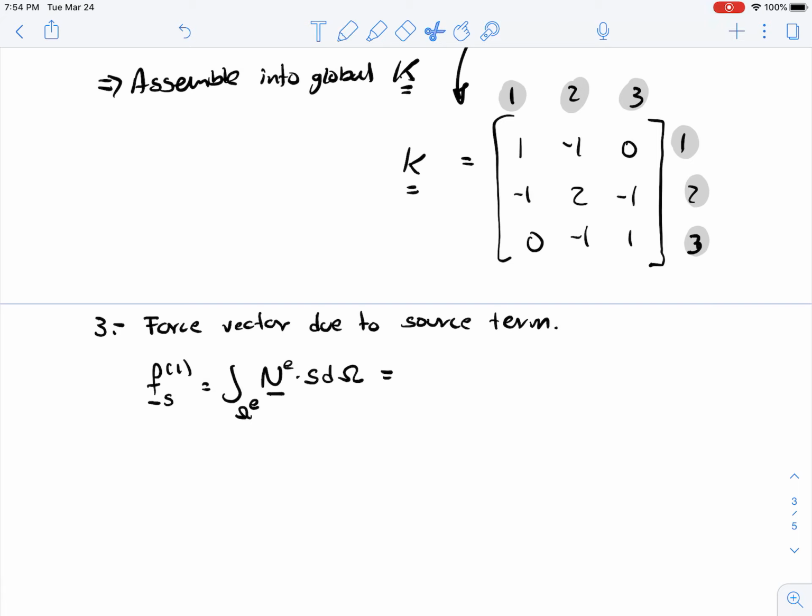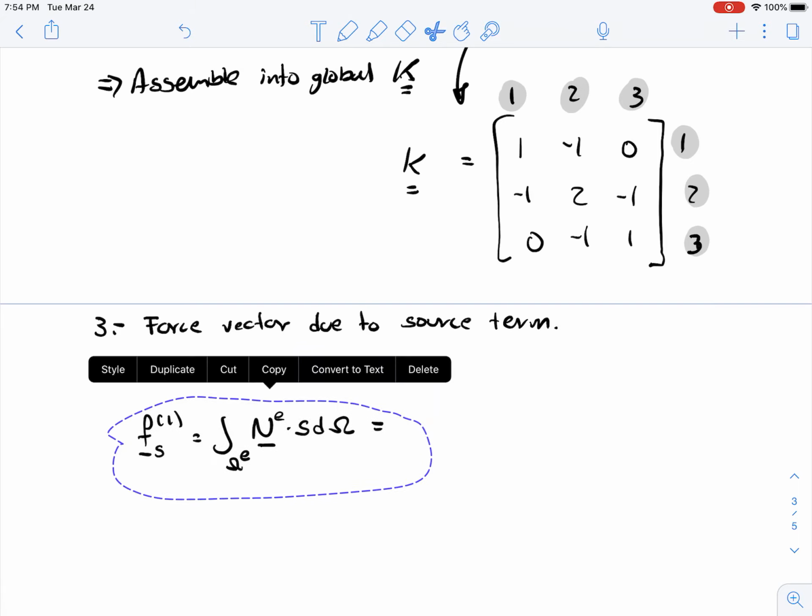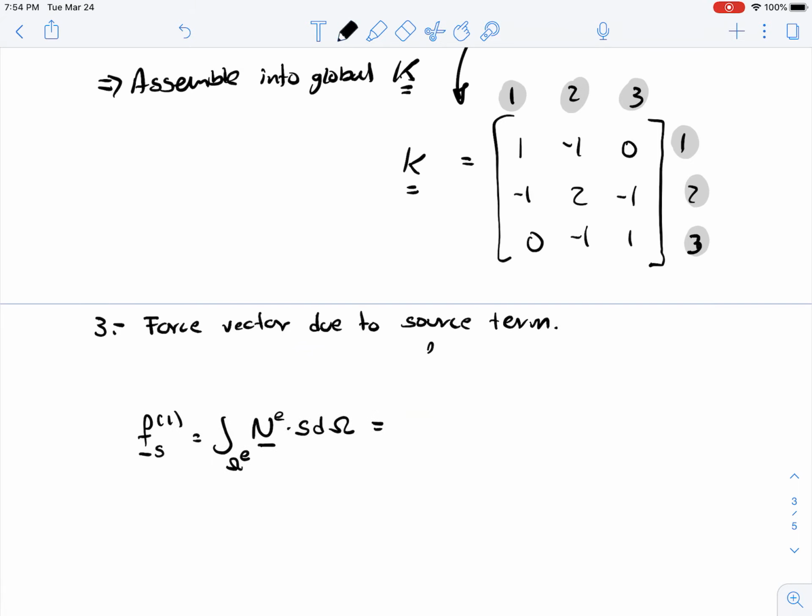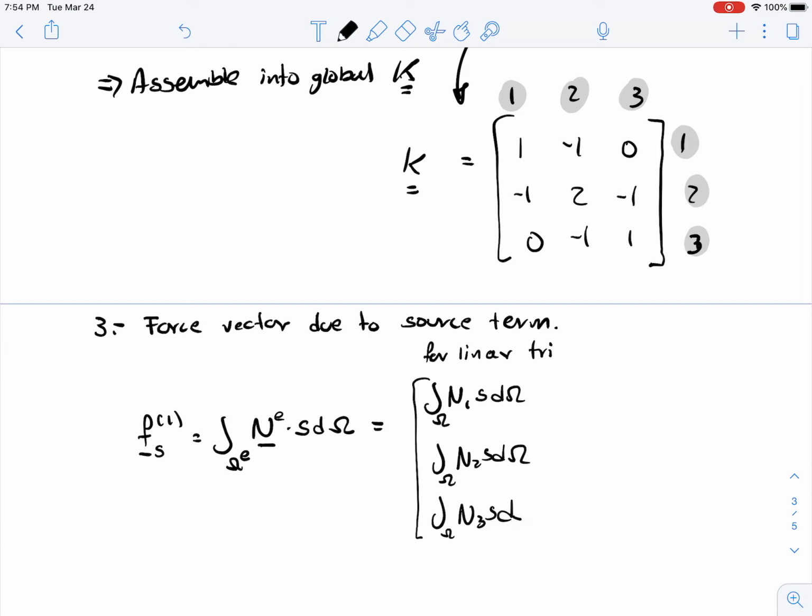For the linear triangle, this has 3 entries because there are 3 shape functions. So this would be N1 s d omega, N2 s d omega, and N3 s d omega.